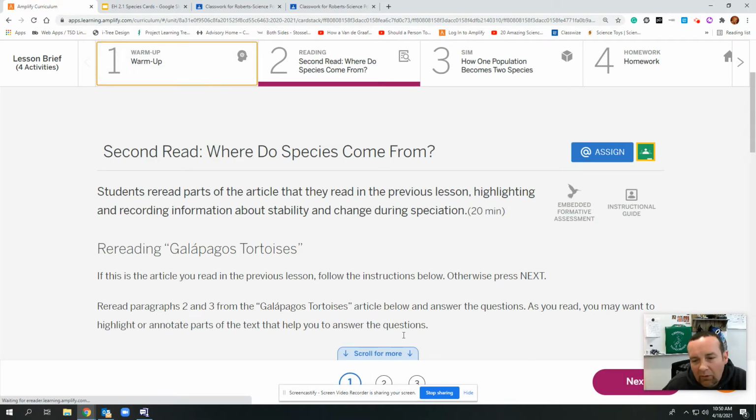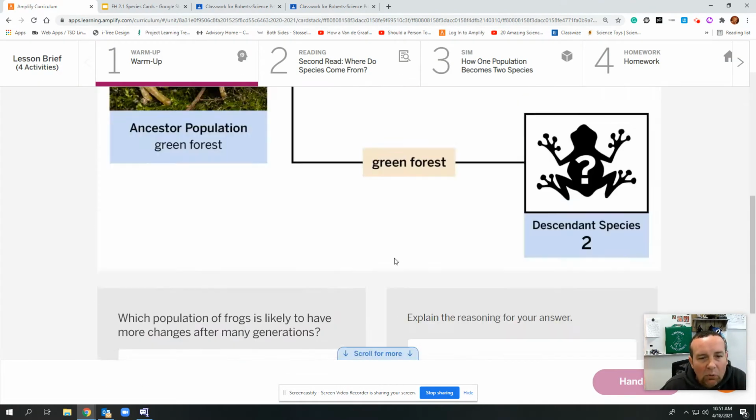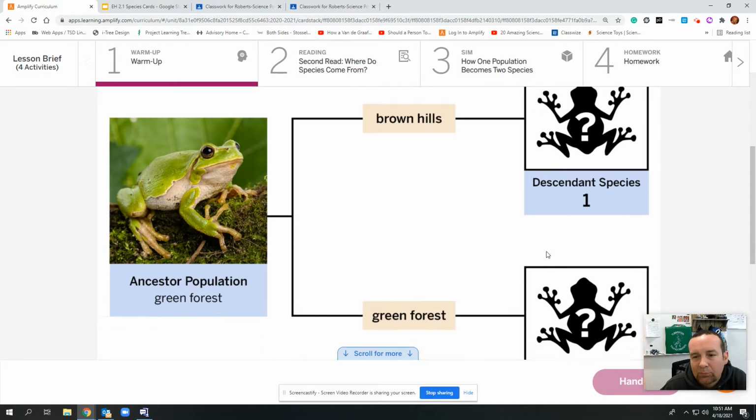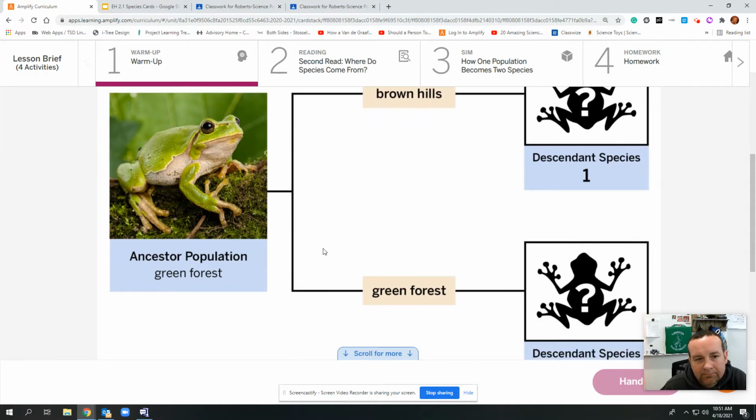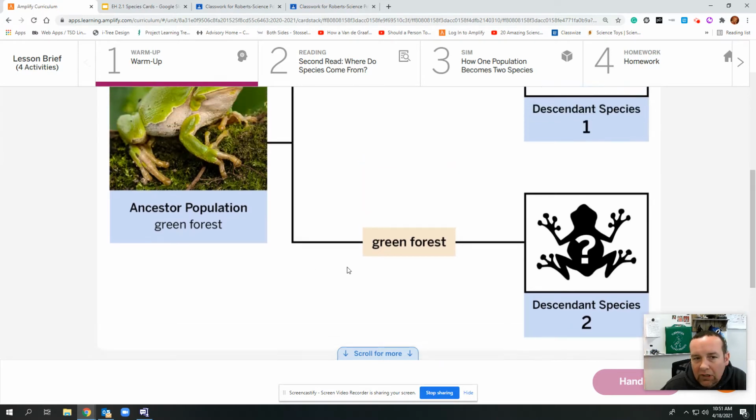Just kidding. I want to make sure you guys are getting this. We should have definitely chosen descendant species one. The question was, which is more likely to see more changes?